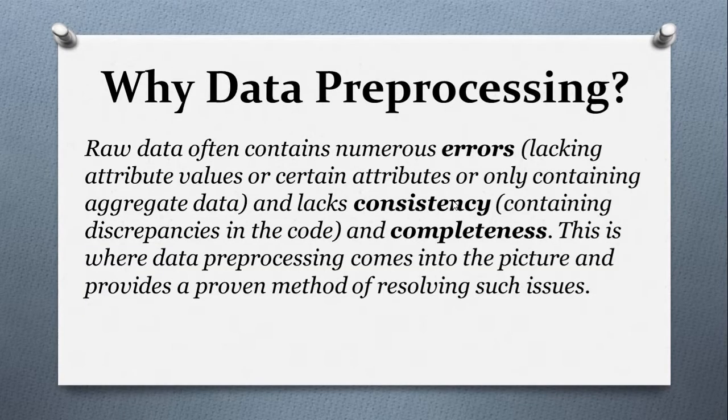As we were discussing, raw data often contains numerous errors. As we saw in the example, which lacked certain attribute values, it lacks consistency and completeness. This is where data pre-processing comes into the picture and provides a proven method of resolving these issues. So now you understand why data pre-processing plays such a vital role in machine learning.